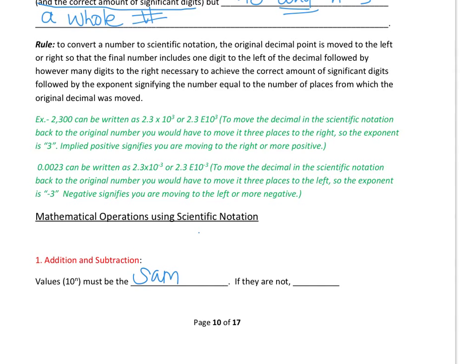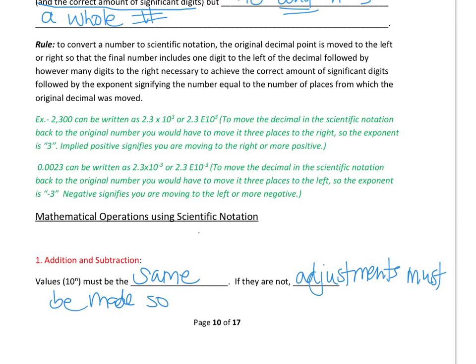It doesn't necessarily matter which way you go with them, but they've got to be the same. If they're not, adjustments have to be made so that they are equal.